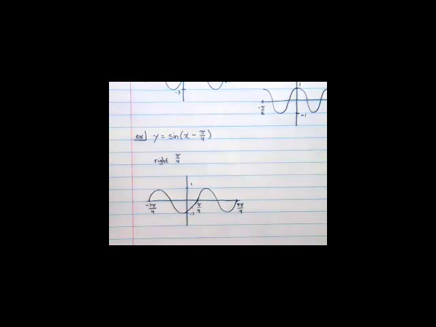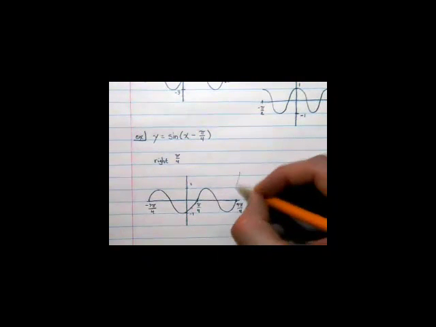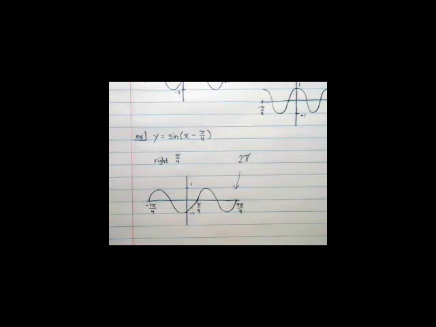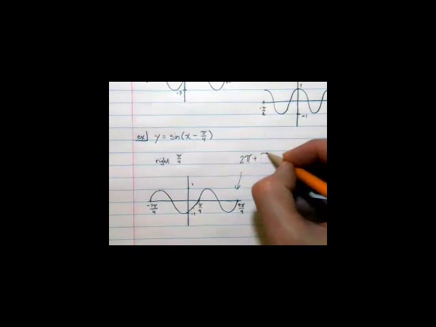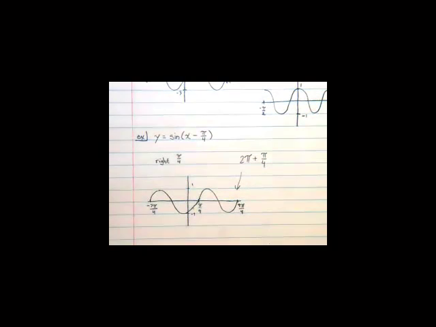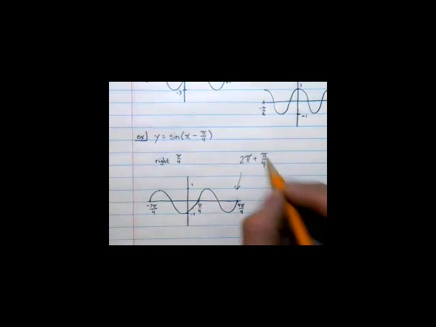Okay? So we're at the 9 pi. Normally this point over here would be 2 pi, right? But we scooted it to the right pi over 4, so I have to add pi over 4 to 2 pi to figure out where it's stopping now. Does that make sense? If I'm going to add these two together, one of them is a fraction.